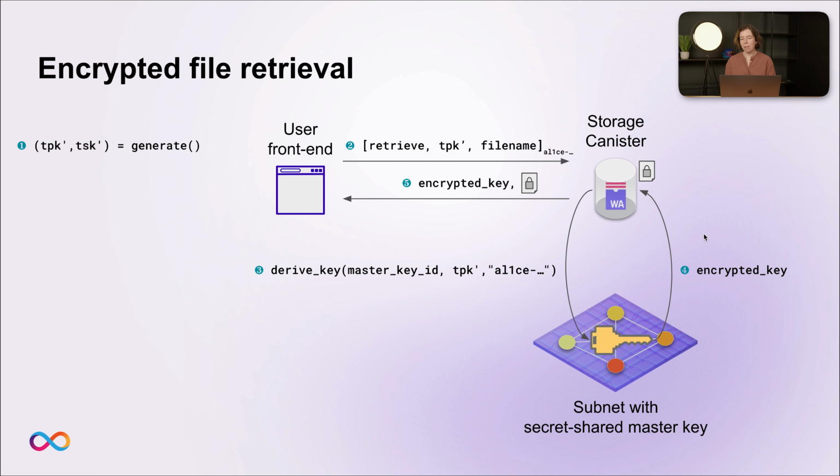The subnet delivers the encrypted key to the storage canister, which sends it to Alice's front end, who can then use her transport secret key to decrypt the encrypted derived key to retrieve the key that she used to encrypt the file earlier, and then she can use this key to decrypt the file and see the file in the clear. So this is a very high-level overview of how encrypted file storage and retrieval might work.